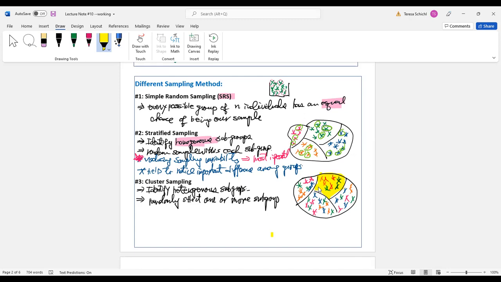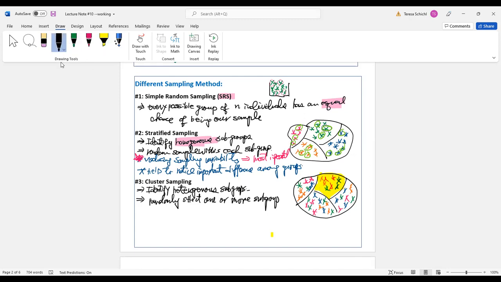So you choose a dorm, and then inside that dorm you ask each person about the survey you're trying to do, because the dorm is a heterogeneous group. So make sure you understand the differences between stratified and cluster sampling, okay?